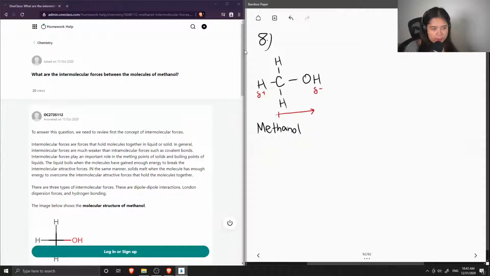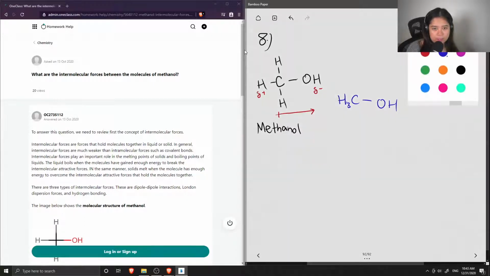So what happens when we have multiple molecules of methanol is that the partially negative side of one methanol molecule would be attracted to the partially positive side of another methanol molecule. So this attraction is called hydrogen bonding.